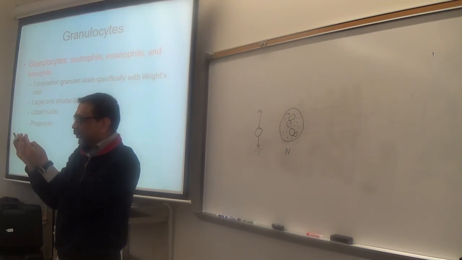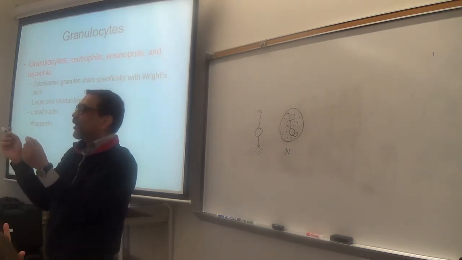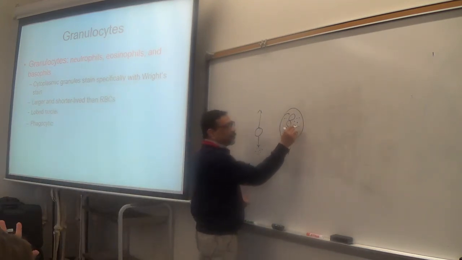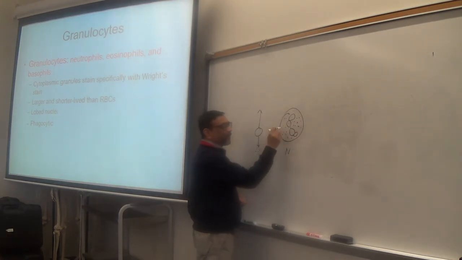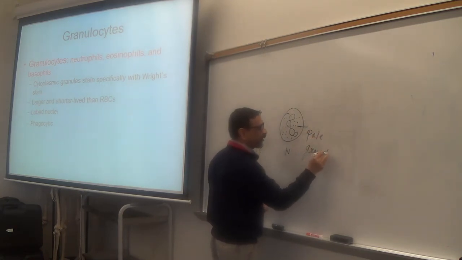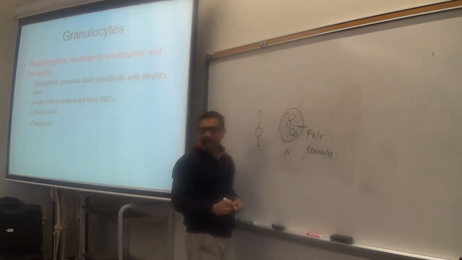So that will cancel each other. So the granules are not stained. That's why it is called neutral. The granules are not stained, so that's why we see pale colored granules. They take both acidic and alkaline or basic.